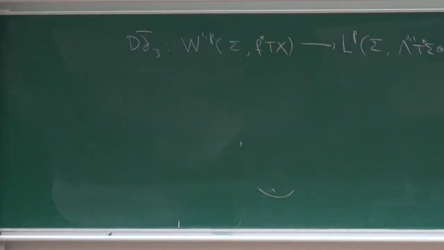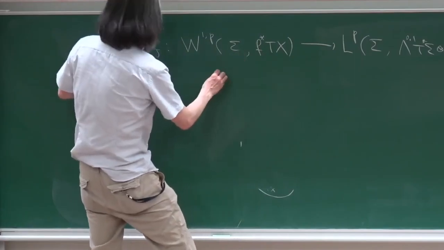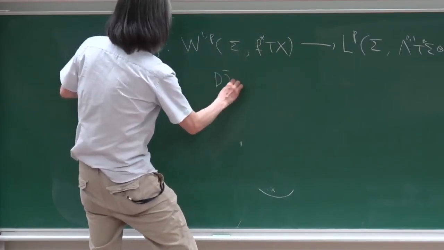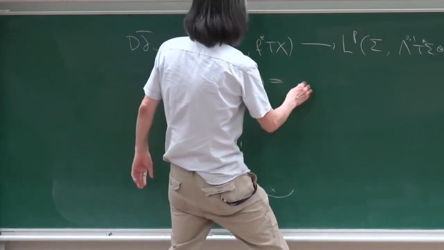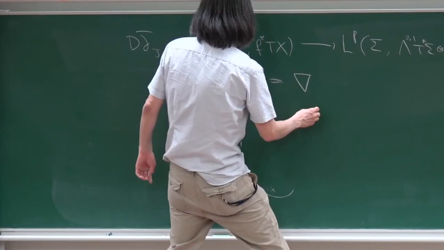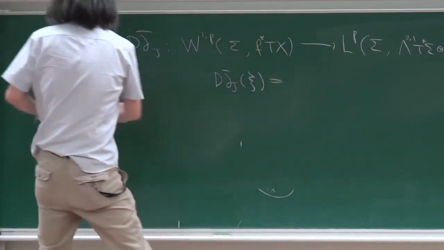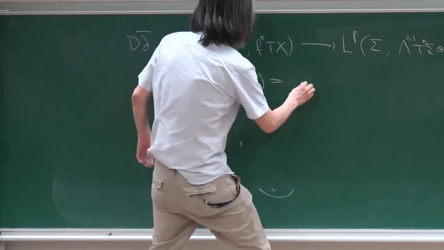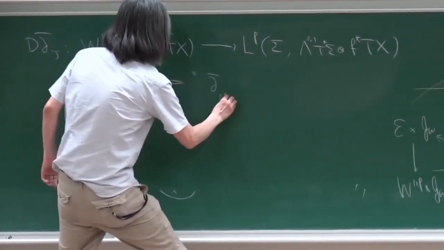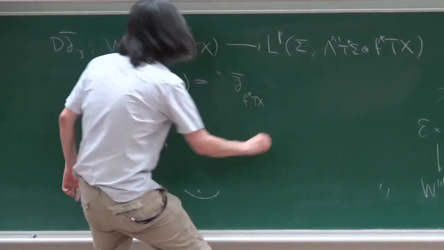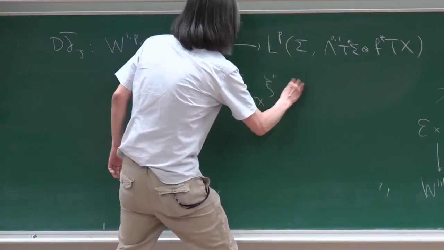The linearization operator is something like this, and basically, as I wrote before, D d bar_J of psi is something like a Cauchy-Riemann operator, a d bar operator with boundary, twisted by this, of psi, plus something.